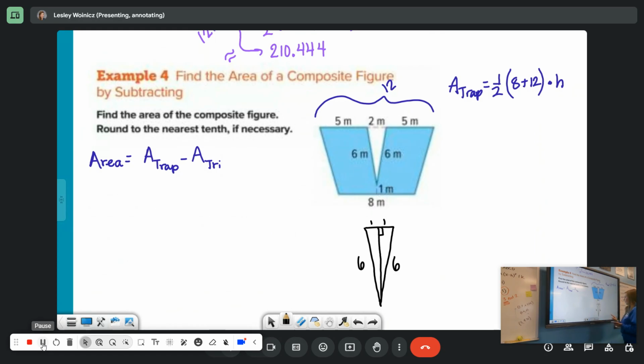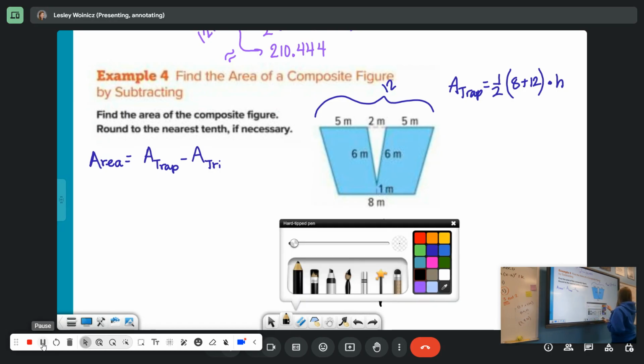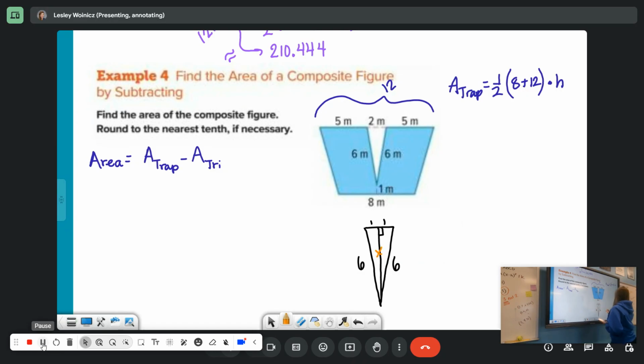So it looks like I can use Pythagorean theorem and get that other leg. Let's call it x.